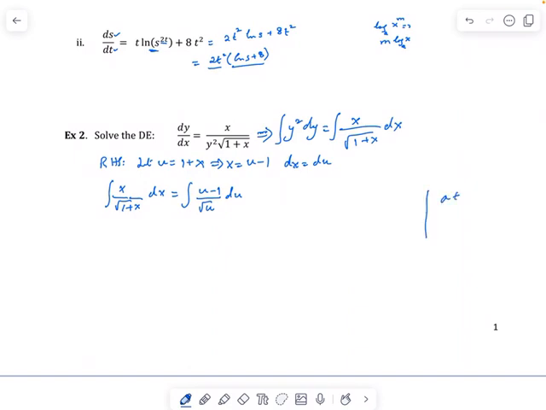Basic algebra means if you have (a plus b) divided by c, then you can write it as a over c plus b over c. So I have u minus 1 divided by the square root of u. I can write it as u over the square root of u minus 1 over the square root of u. But u over the square root of u is just the square root of u. So this is equal to the integral of the square root of u minus 1 over the square root of u, du.